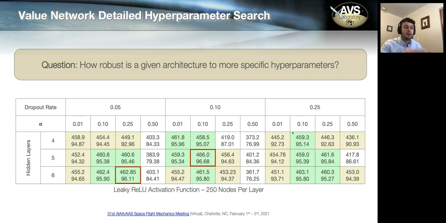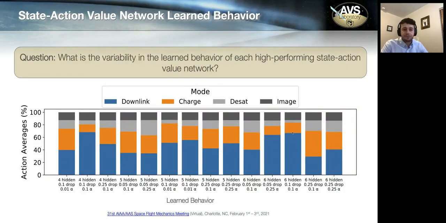So generalizing training across a bunch of different initial conditions and using a neural network to regress over that in some cases can be more robust. We also wanted to examine the learned behavior and see what the variability in this learned behavior was across high-performing state action value networks. And what we found was that each agent spends about the same amount of time charging, meaning that it's kind of maxing out the amount of data it can put in the data buffer.